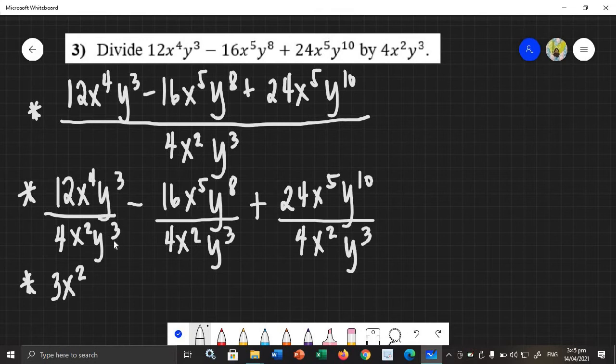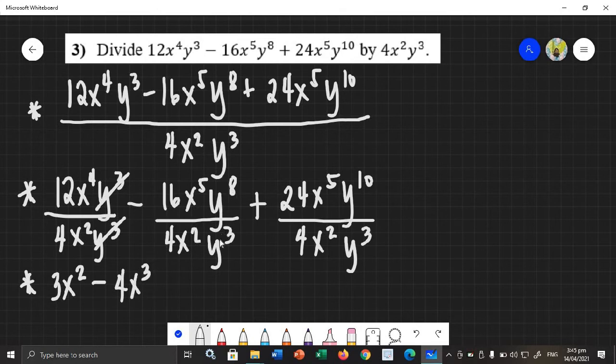And that will be equal to 1. So just cancel it out. We don't need to write it. So the answer for the first term is 3x raised to the second power. And then, minus 16 divided by 4, the answer is 4. x to the fifth divided by x to the second, the answer is x to the third.